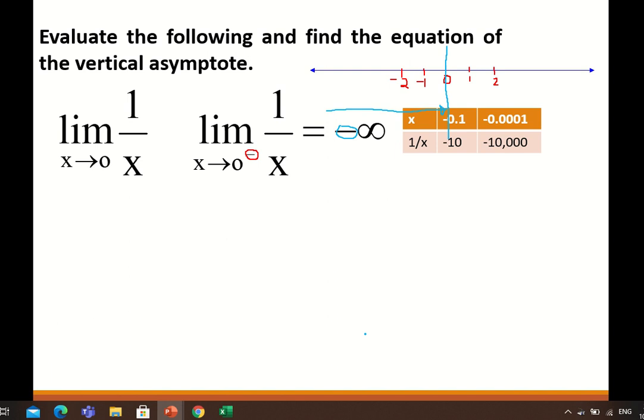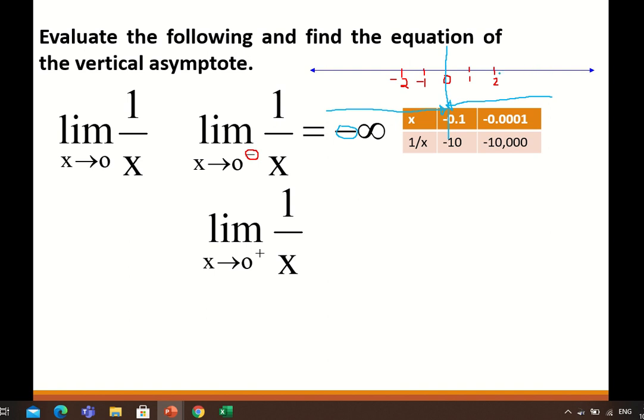Next, we are going to find the limit of the function 1 over x as x approaches 0 from the right. This time, we are coming from the right, going towards 0. So what numbers can x take?